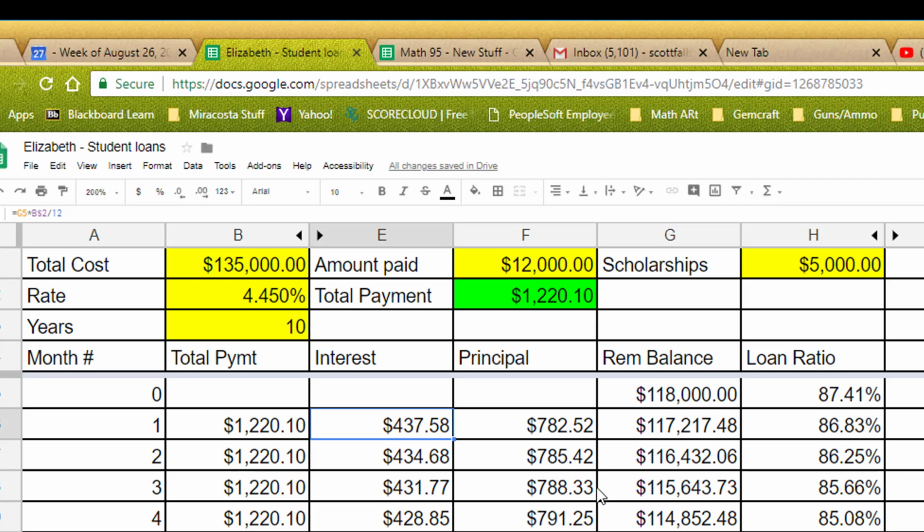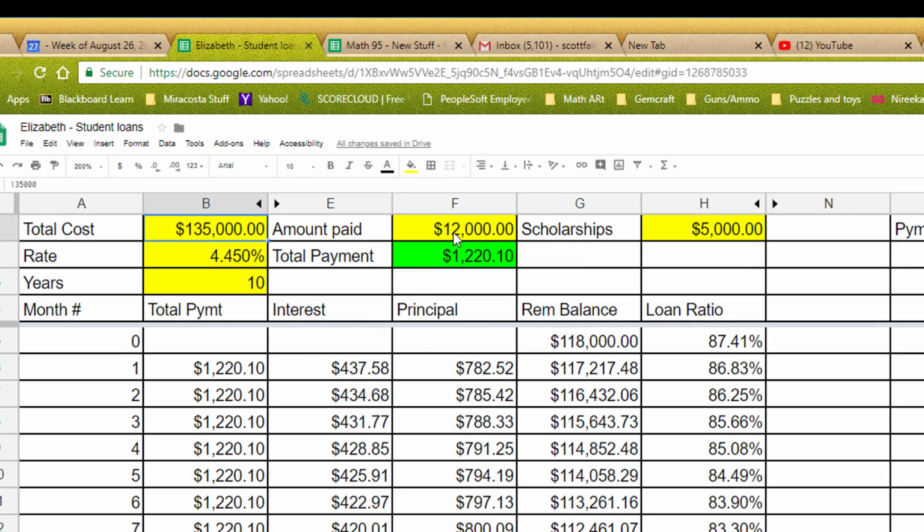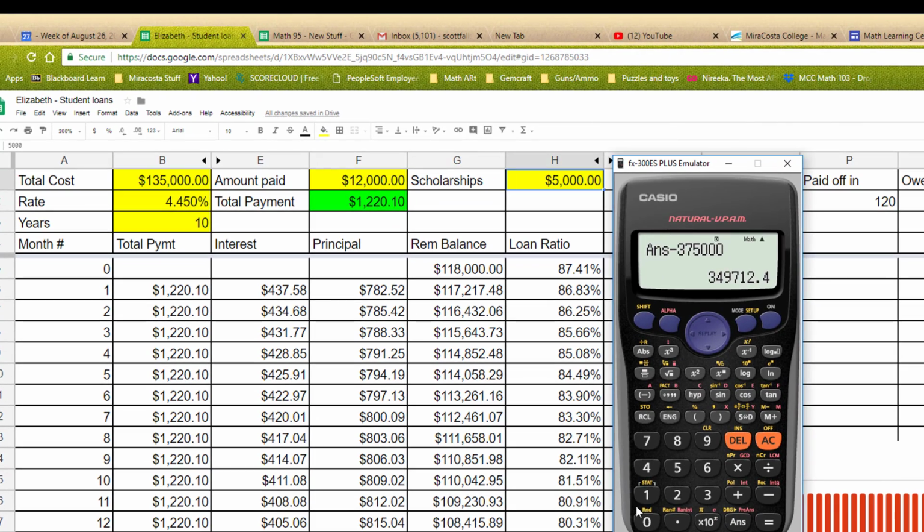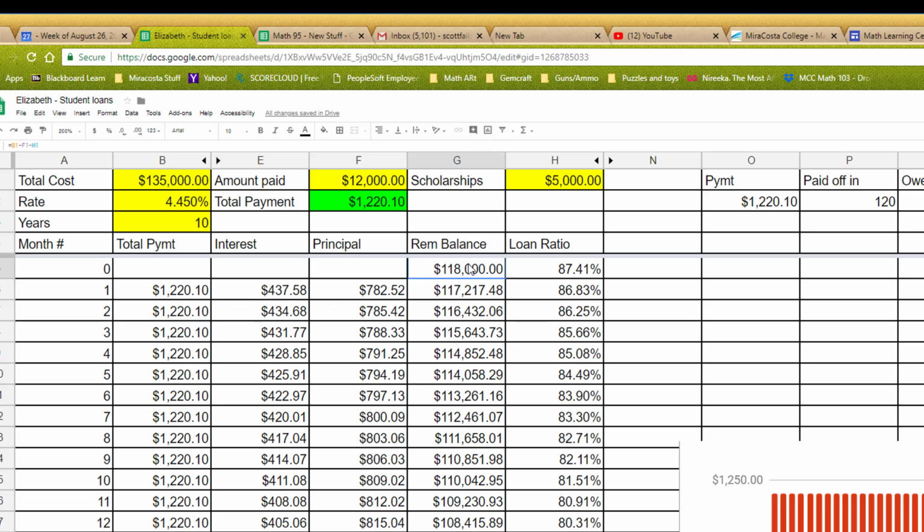So for example, if it costs you $135,000 for your 4-year degree, and you're able to contribute $12,000, your scholarships are $5,000, what's left over, I'll bring this up here, $135,000 minus $12,000 minus $5,000 gives you $118,000 in debt. So those would be the amount you'd have to get loans for. And that's the amount that appears right here in the remaining balance. Now you don't have to do anything, it'll calculate all that for you.